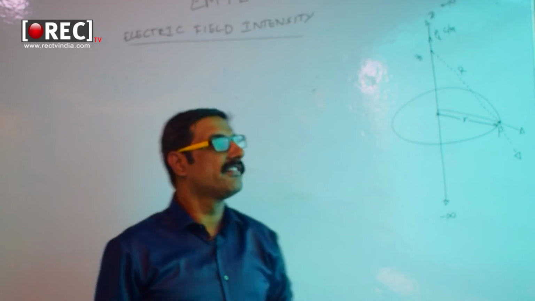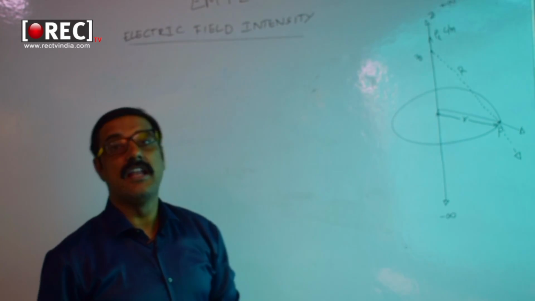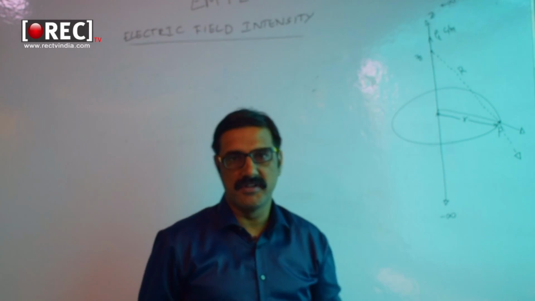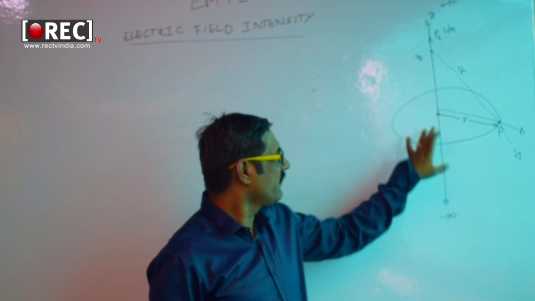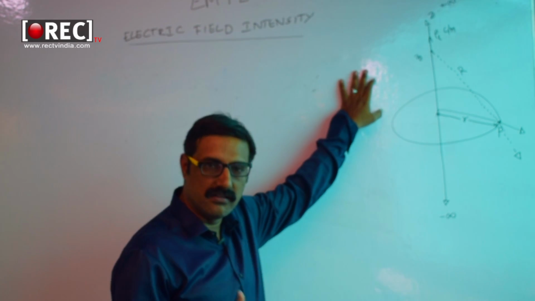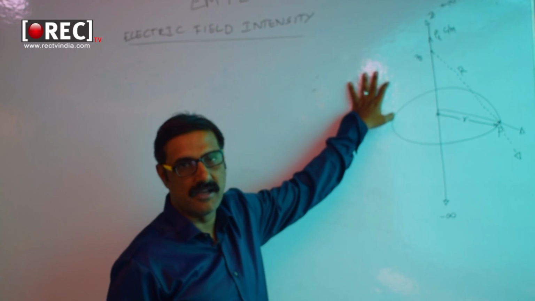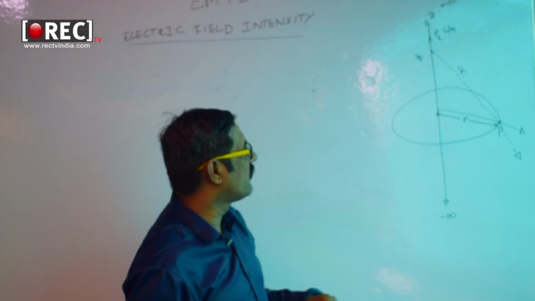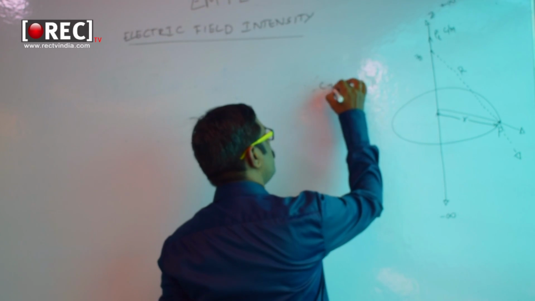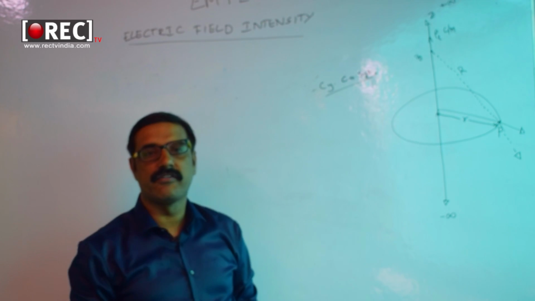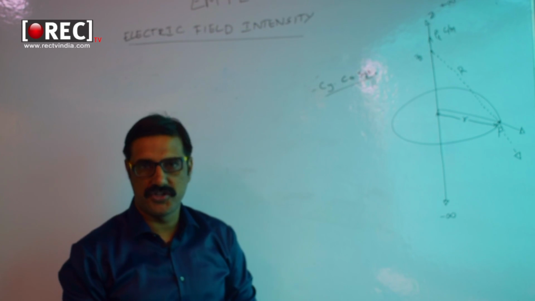Now let us derive the electric field intensity due to a linear charge element. Consider a wire or any line distribution, for example, along the z-axis. We are going to consider the cylindrical coordinate system for evaluating the electric field intensity due to a line charge.